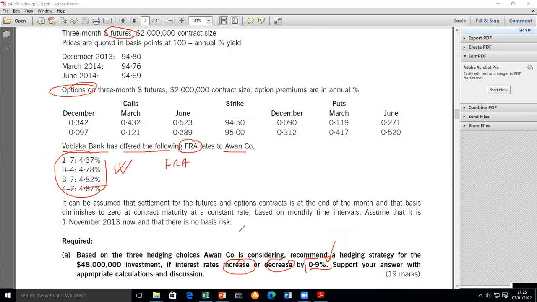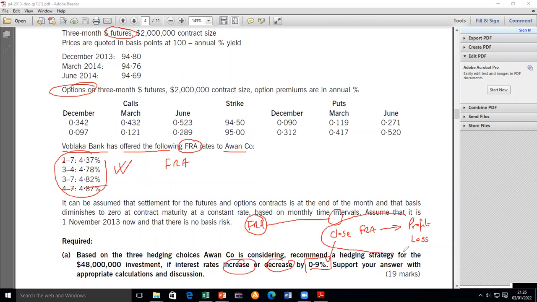So this company has to enter into an FRA today. And then when the time for the transaction to invest comes, we're going to close this FRA. And then we're going to determine whether we've got a profit or a loss on this FRA.